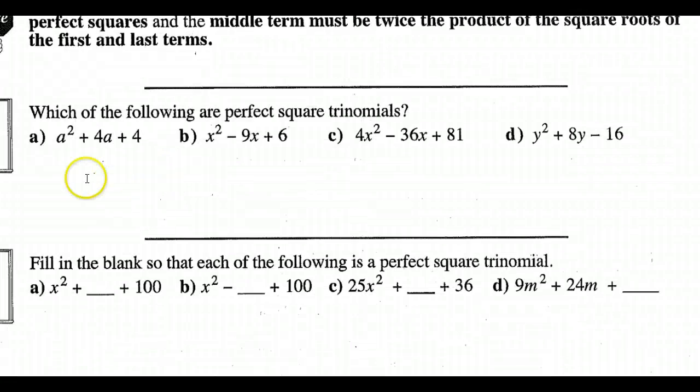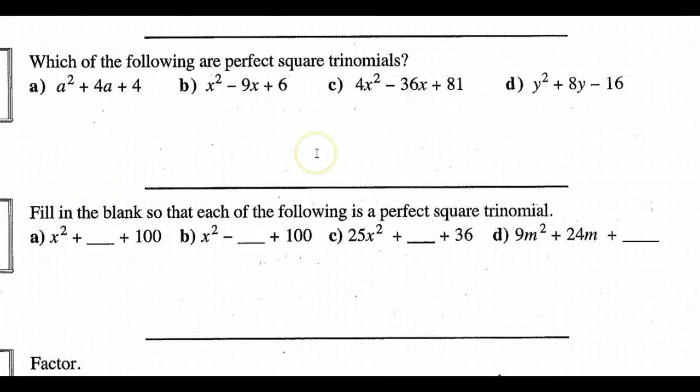Example number one, a fairly easy one. If I factor this, what two numbers multiply to 4 and add to 4? Well, we can all guess that's going to be a plus 2 and a plus 2.